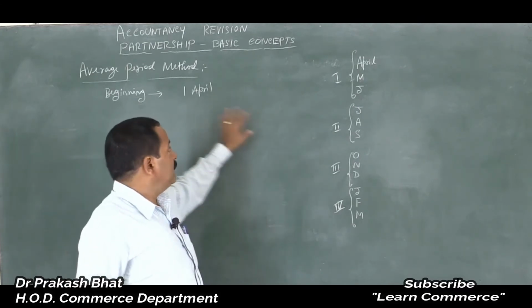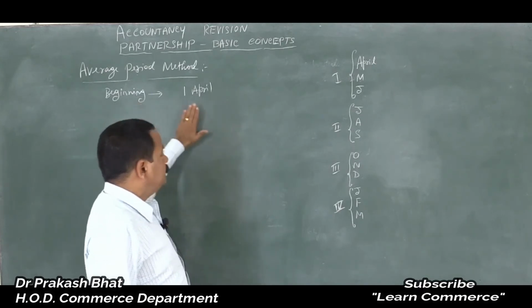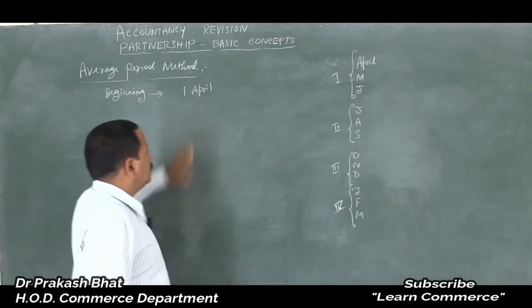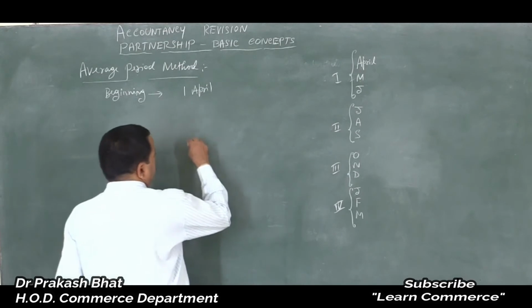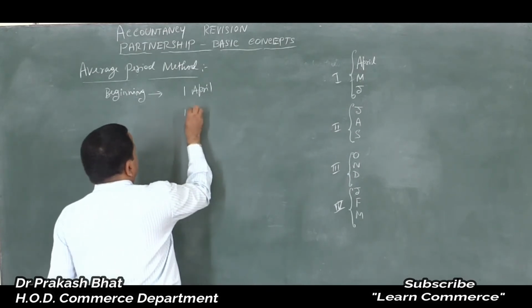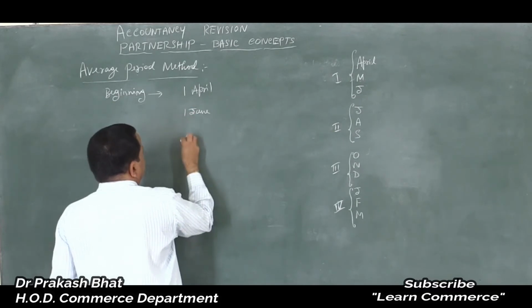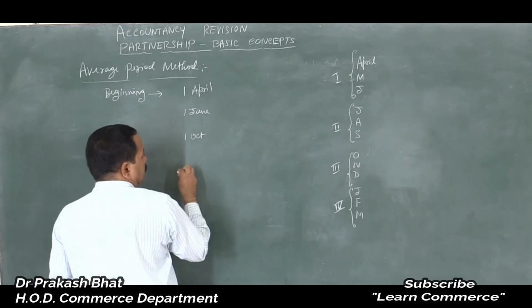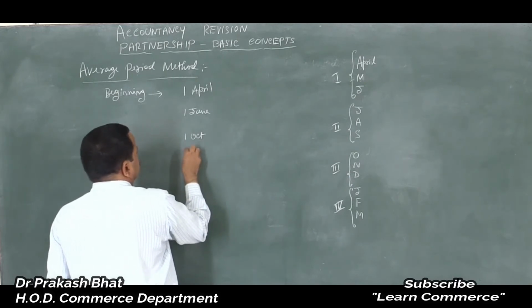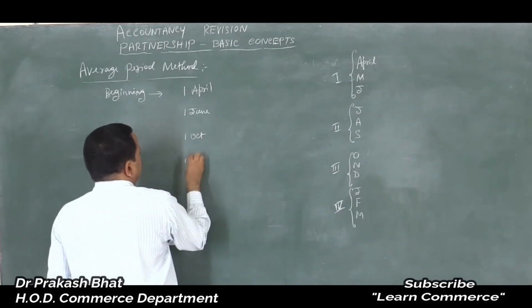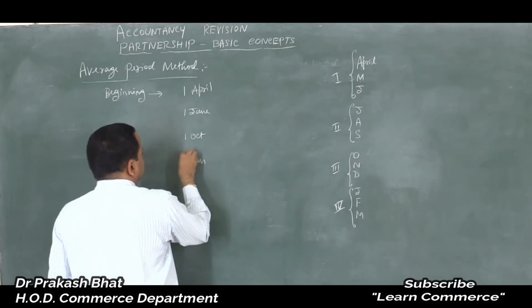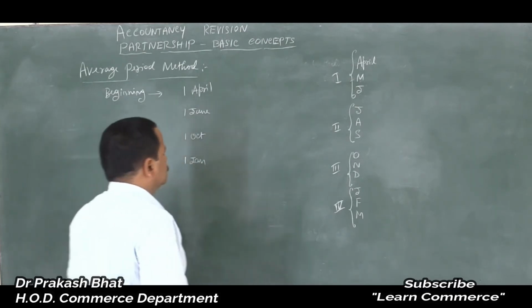Now it is given at the beginning of each quarter, 1st April, right? Then second withdrawal will be on 1st July, then third withdrawal will be on 1st October, last one will be on 1st January, right?